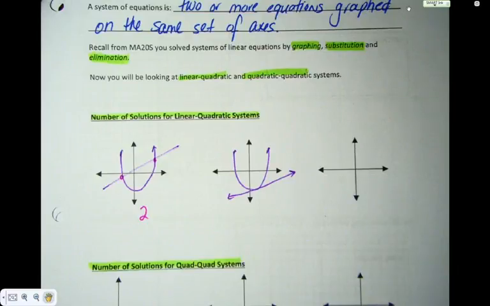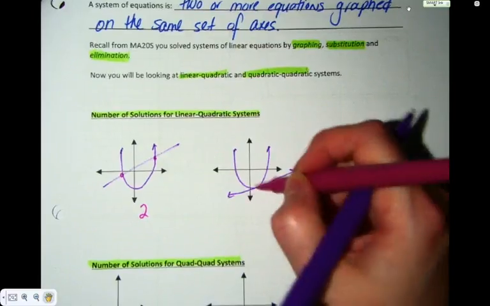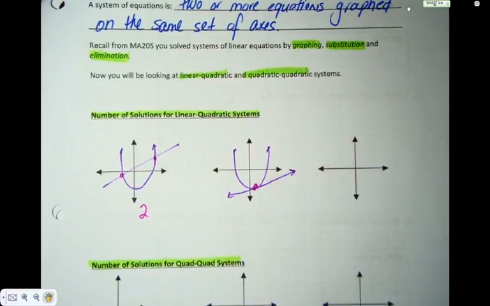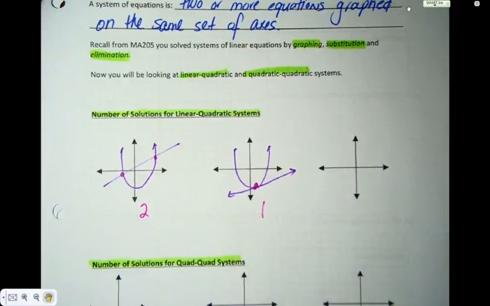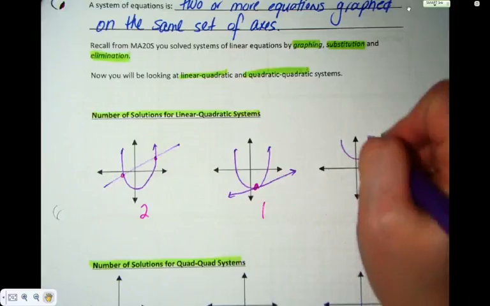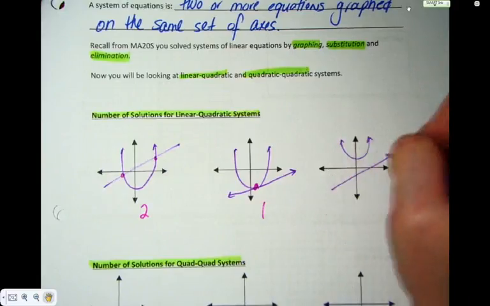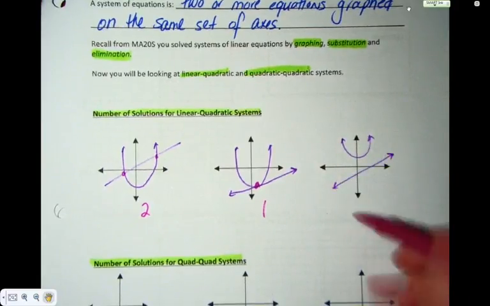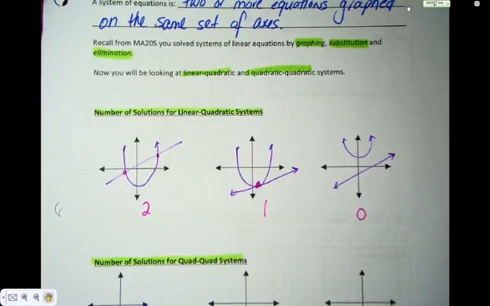How many solutions? 1. Parabola, line. The parabola's going up, the line's going off this way. They will never cross.